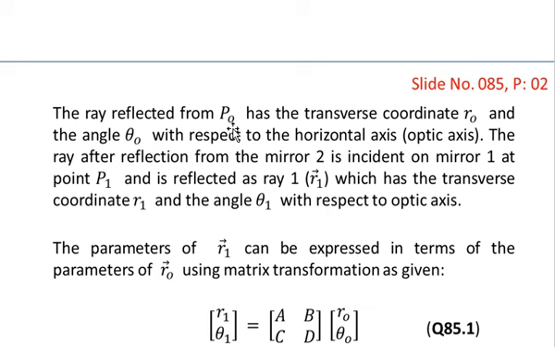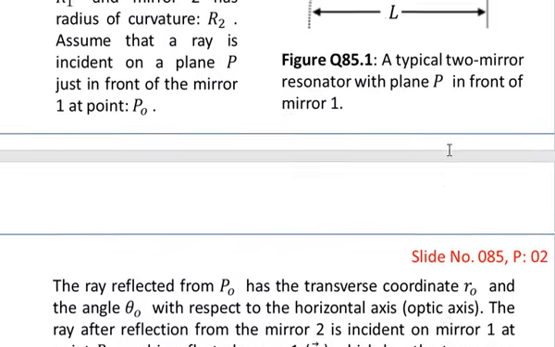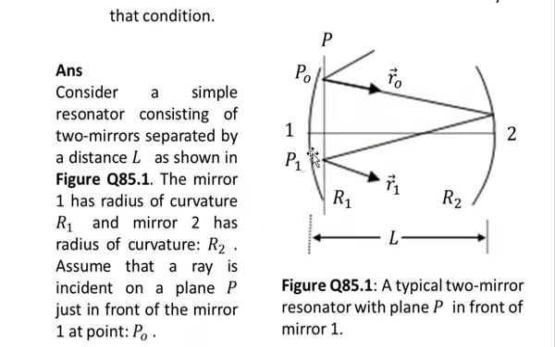The ray reflected from P0 has the transverse coordinate R0 and angle θ0 with respect to the horizontal axis or the optic axis. The horizontal axis is shown as the line joining point 1 and 2 on the mirror 1 and mirror 2, or this may also be taken as the optic axis, because it joins the mirror 1 and the mirror 2 at the points where it is normal to both the mirrors.